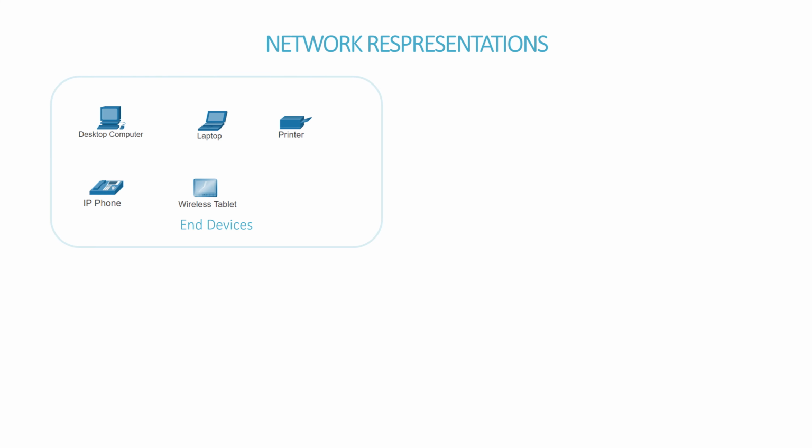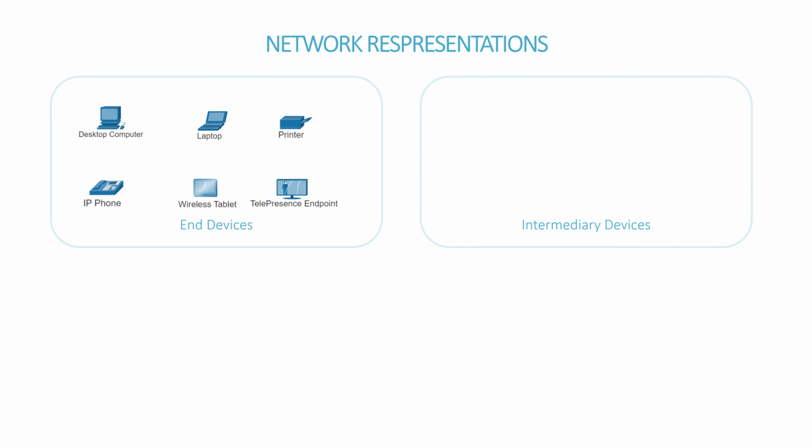The network architect and administrator must be able to show what the network will look like. They need to be able to easily see how components connect to other components and where they will be located. Network diagrams use symbols as below. For the end devices, these are the symbols for desktop computer, laptop, printer, iPhone, wireless tablet, or even telepresence endpoint.